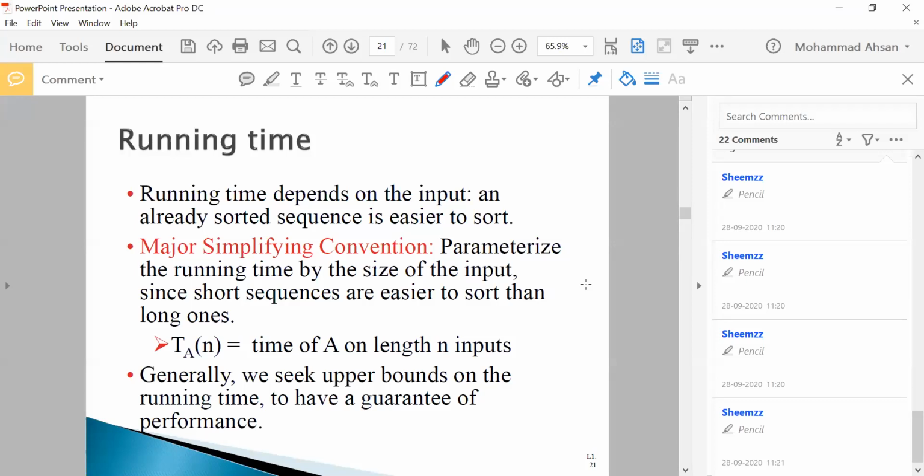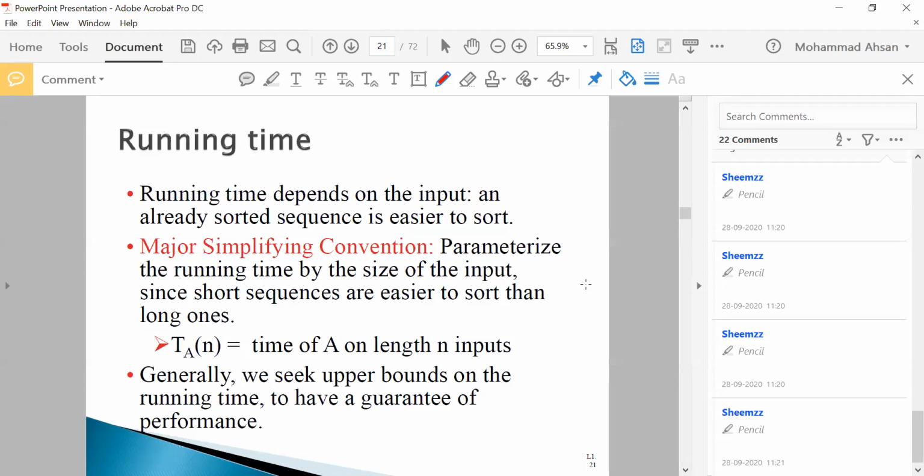Somebody will say, I finished this in 10 nanoseconds, and you are doing it in, let's say, 100 seconds. For that comparison, you need to know what machine it is running on and how fast the machine works. So for a general algorithm analysis, you cannot do the comparison based on the machine specs.